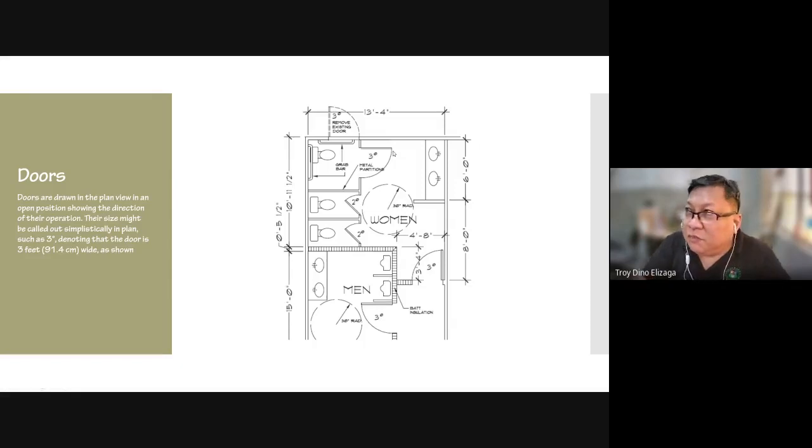I noticed in the bathroom exercise that when you draw the door, you draw it really very thin. So a door, whether the scale is small and the drawing is big, you have to measure the thickness also of the door leaf.